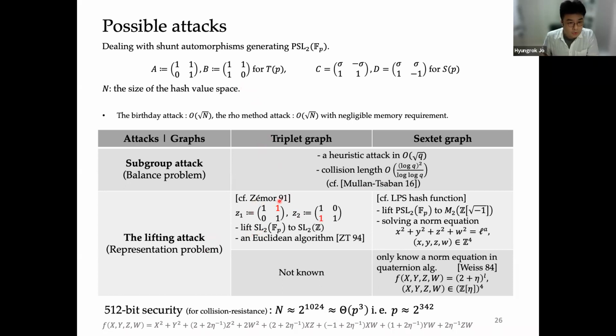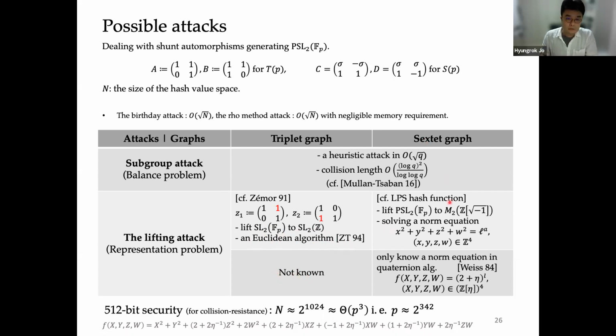In general, we can apply the lifting attack from a special linear group over a finite field to the integers. We can also use the Euclidean algorithm, but in our case, we don't know yet.